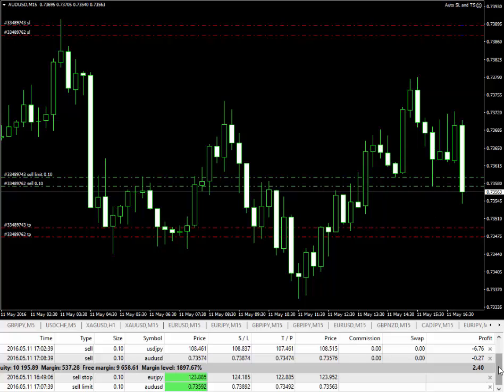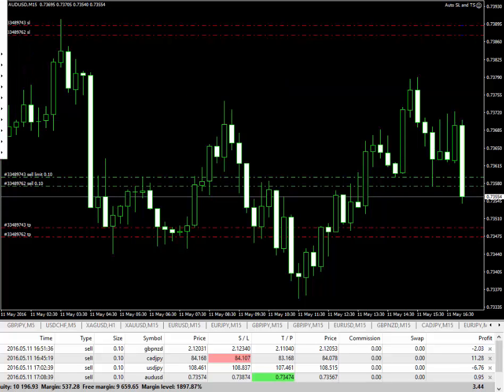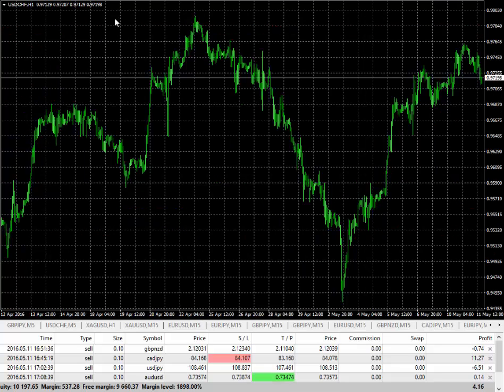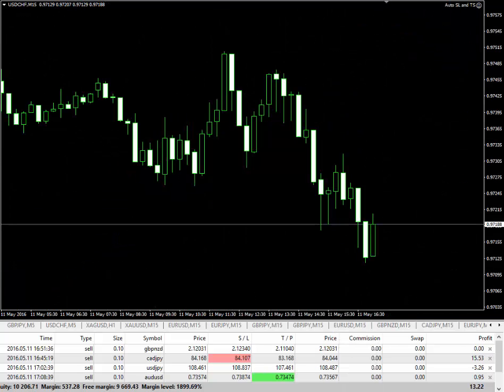So let's see what happens here. Okay, I'm getting one more signal from Solomon: USD Swiss franc. New chart, go to USD Swiss franc, 15 minutes, and then I go to my templates, pending order. Oh yeah, there it is.